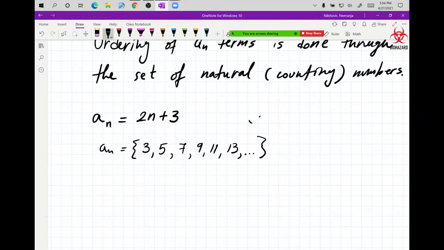We start counting at n equals 0 or n equals 1. This is given to you if it's in computer science. Usually they start counting with 0. We know that counting numbers start with 1. You would never go into the forest and start counting trees by saying 0 trees, 1 tree, 2 trees, right?